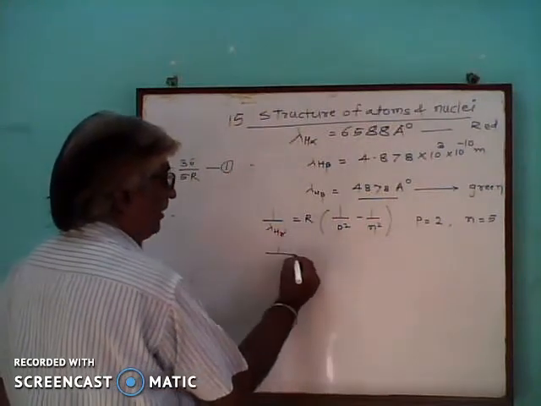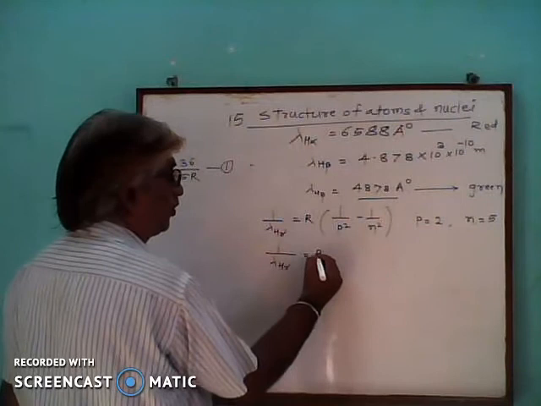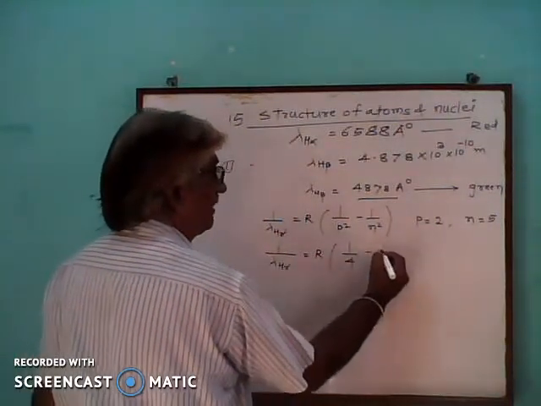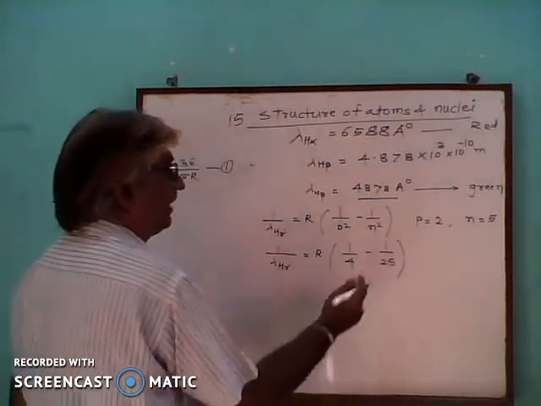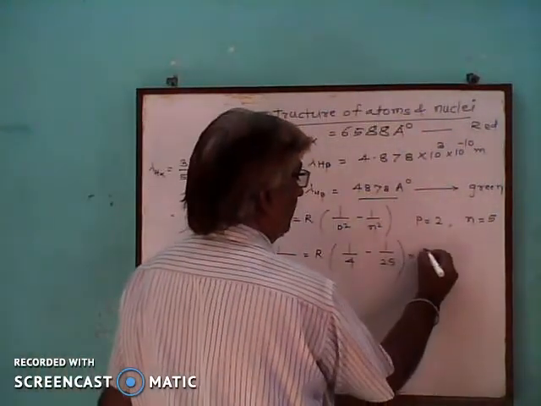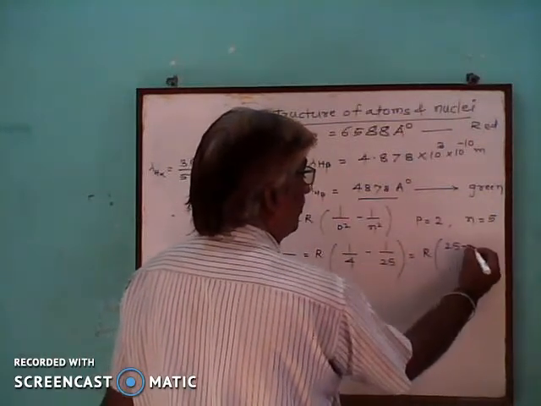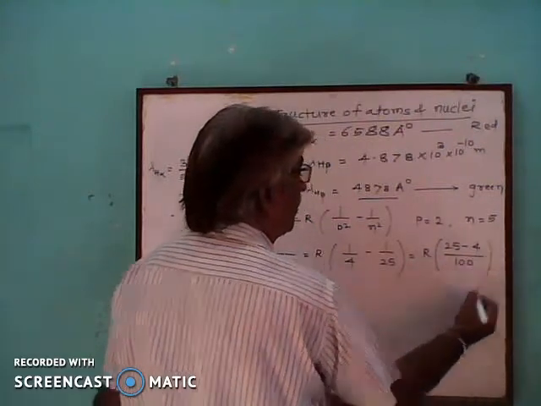See here, 1 upon lambda H gamma is equal to R in bracket 1 upon 2 square, which is 4, minus 1 upon 5 square, which is 25. If we cross multiply here, then R in bracket 25 minus 4 upon 100. What happened?